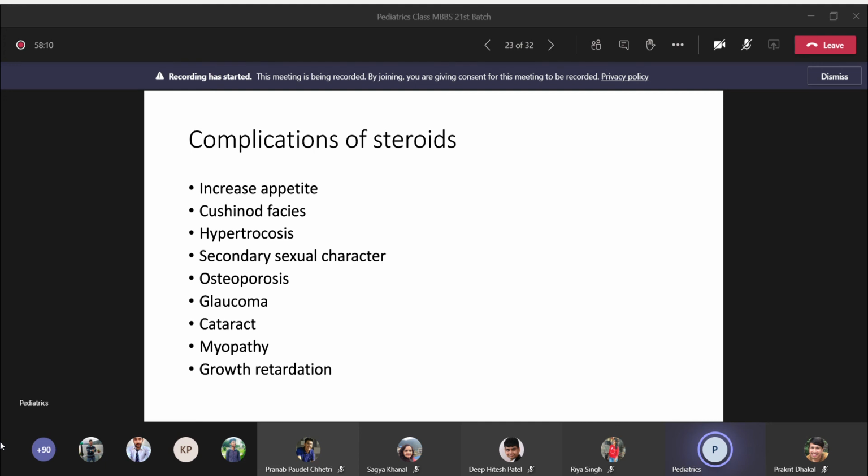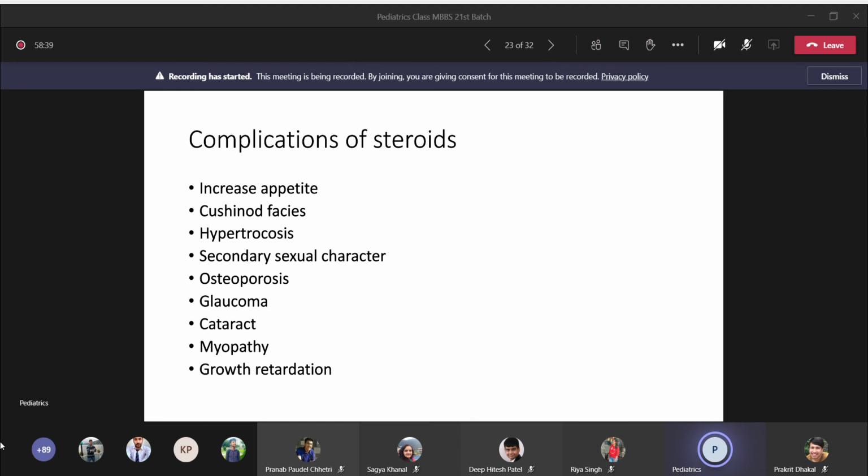Now come to the complications of steroid. If you give the steroid, what complications can the patient have? Once you start the treatment, on the next day or the second or third day, the mother will tell that my child is having a good appetite, taking more and more food. In nephrotic syndrome we found there is anorexia, so this is increased appetite.